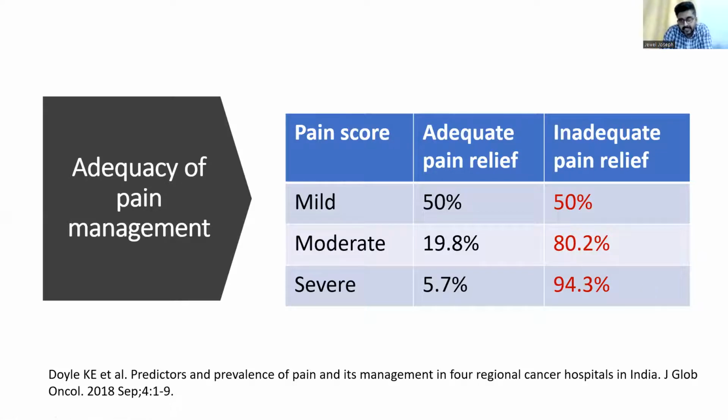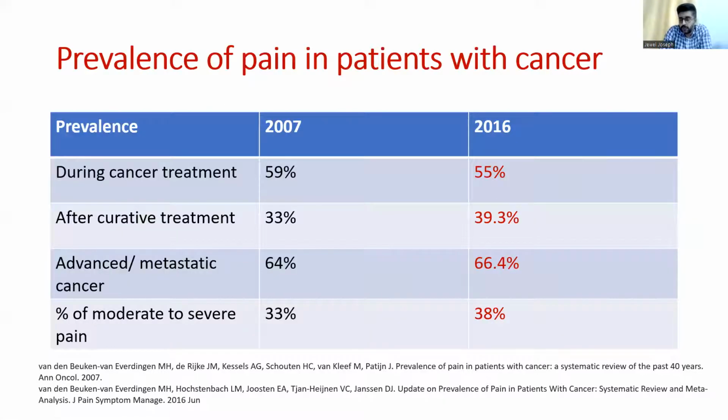The data which I showed previously from 2016 was actually a follow-up to data which was published in 2007. We can see that during these approximately 10 years, the prevalence of pain has not actually changed much. It was 59% in 2007, and during cancer treatment, 55%.